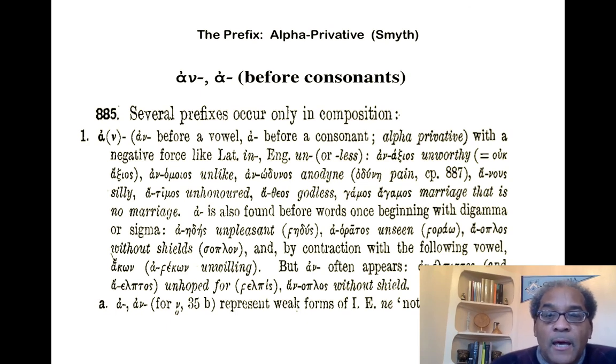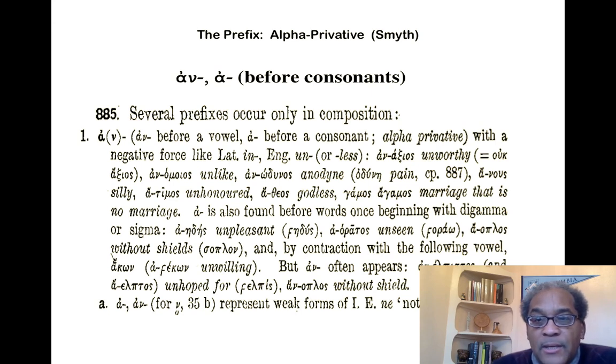And finally, we have this prefix an or a before consonants. And an a is equivalent to the English un. I am unfree. It negates. So a before a consonant is called alpha-privative, with a negative force, like English in or English un or less.